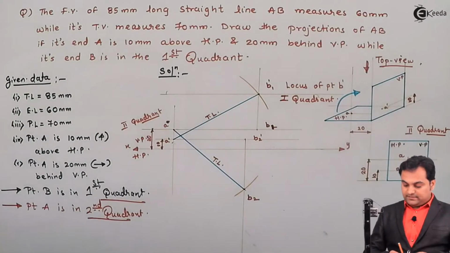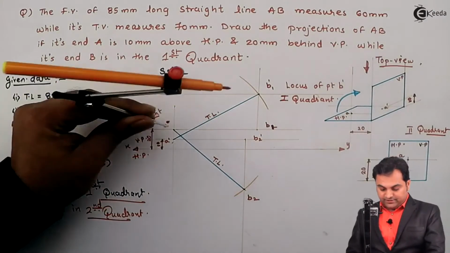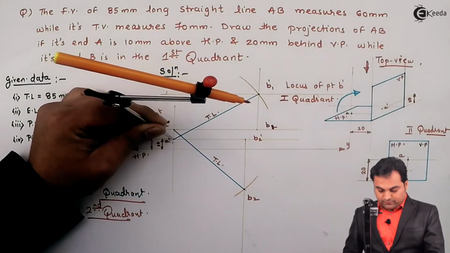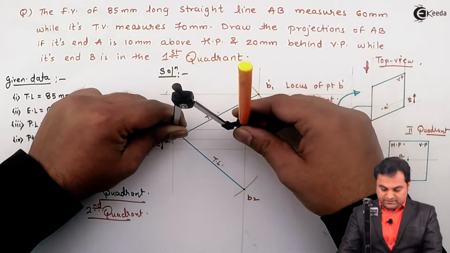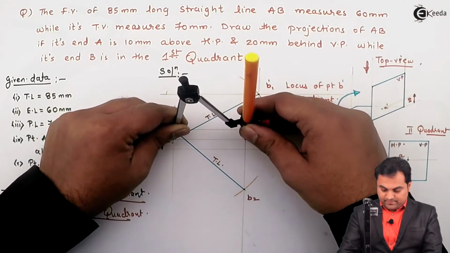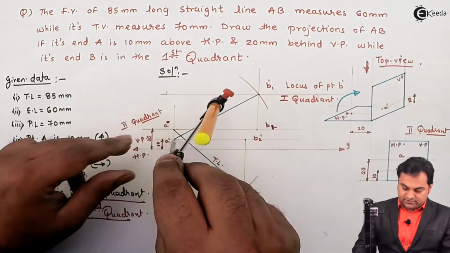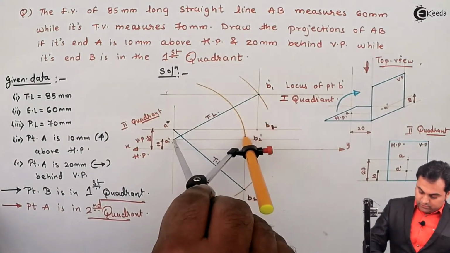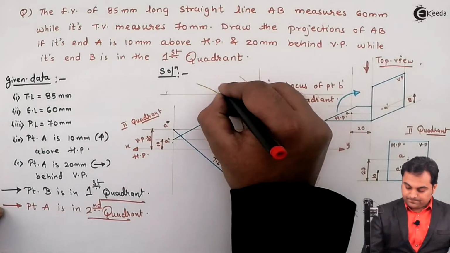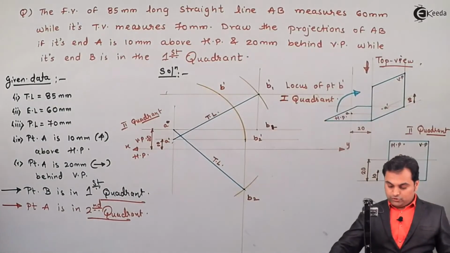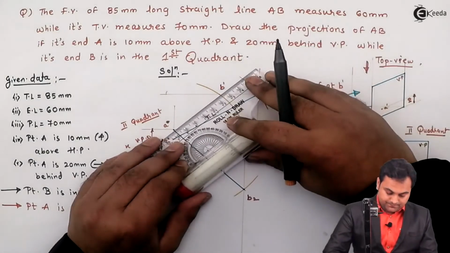And then I'll simply measure the elevation length here, which is from A dash to B2 dash, which is 60 mm. I'm measuring this elevation length and cutting this locus to get the point B dash, joining it with the help of light line.